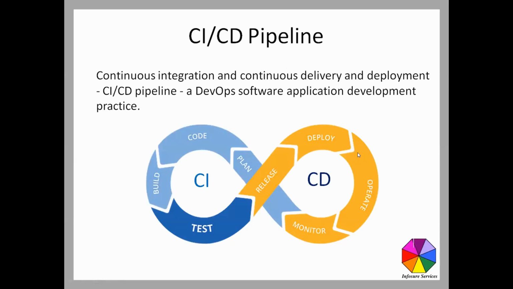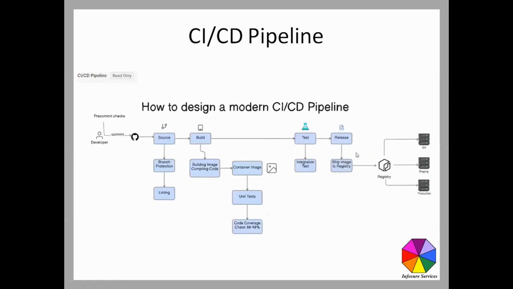It's a model of deploying. A pipeline can be like this: when you're developing, the build is there, the test environment is there, the integration test, everything is actively going on. After the test, you release, you ship to production and various environments like QA, staging, production.